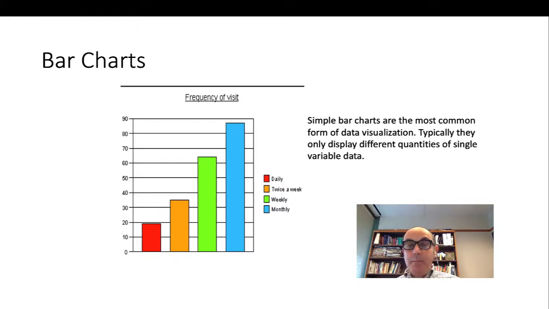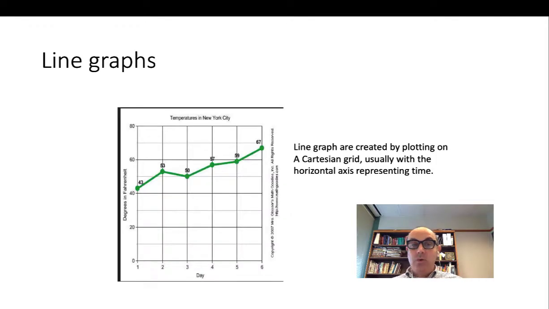A bar chart usually displays different quantities of a single variable. For example, here, frequency of visit: monthly, weekly, twice a week, or daily, and how it plays out.